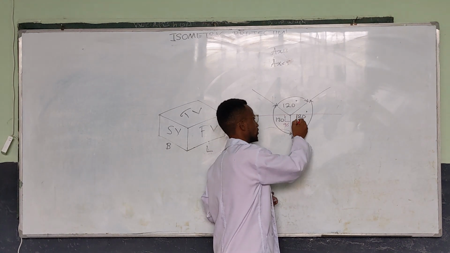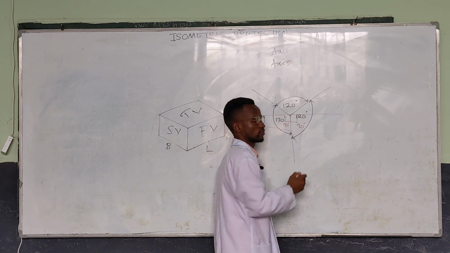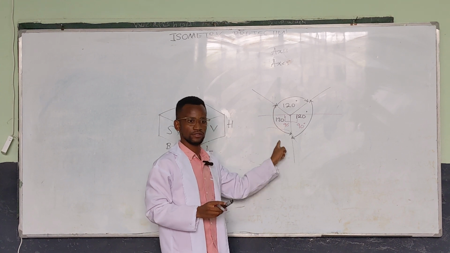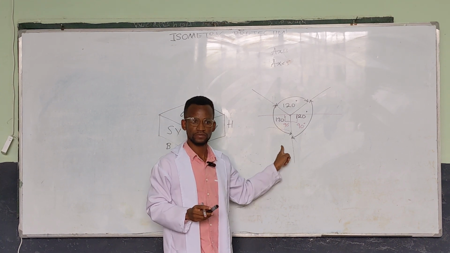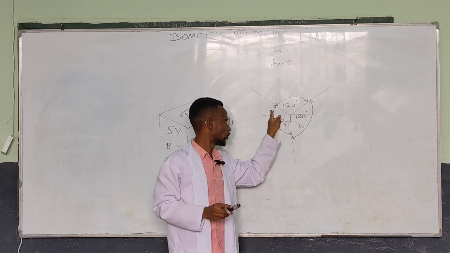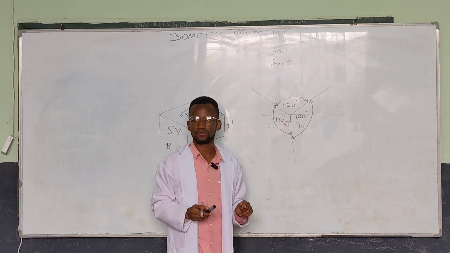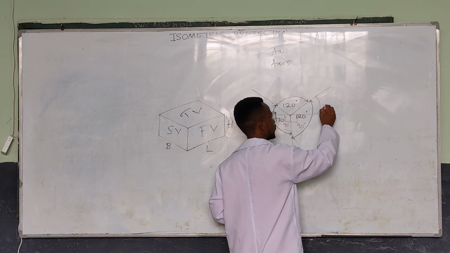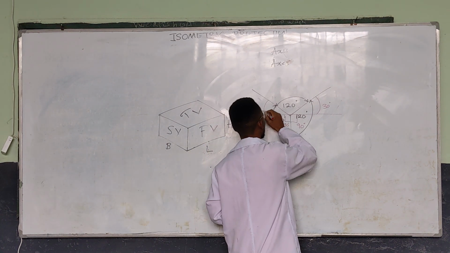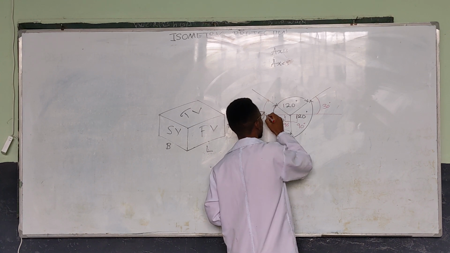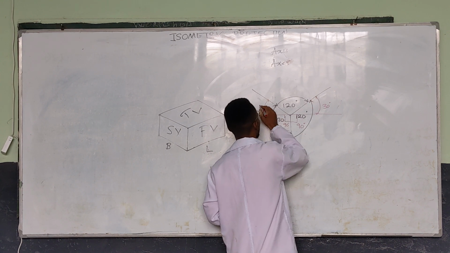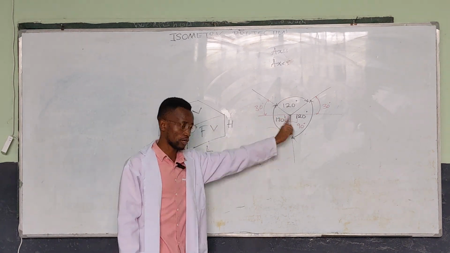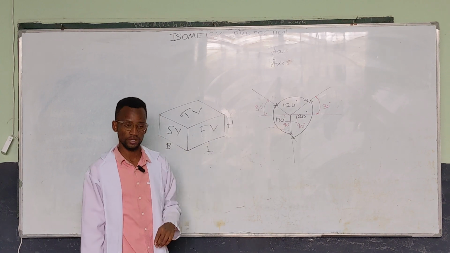Even this one here is 90 degrees. But this angle here is 120, right? So 120 minus 90, 30. So here we are going to remain with 30, and here 30. So there is a horizontal line, 30, 30 there.